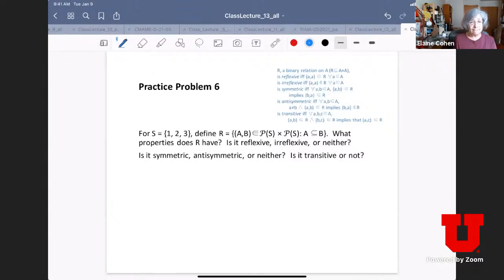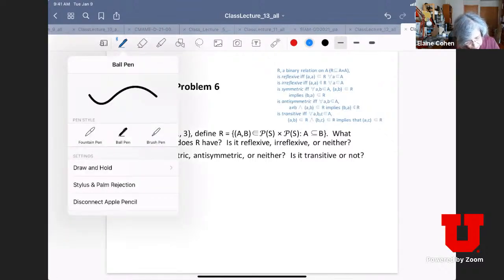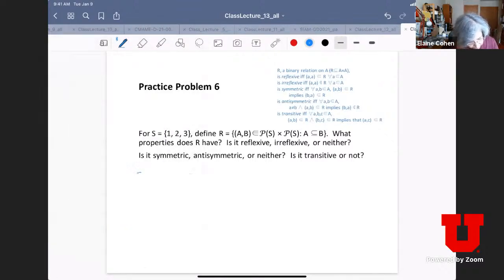So let's start out and ask the question about reflexive. A, an element of the power set of S, which is a subset of S, is a subset of itself.